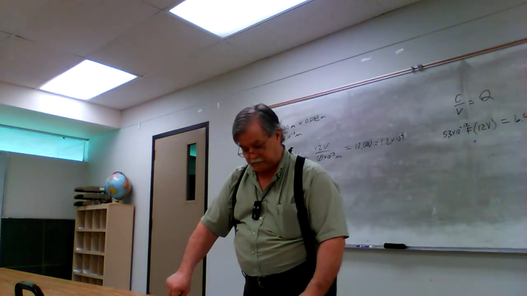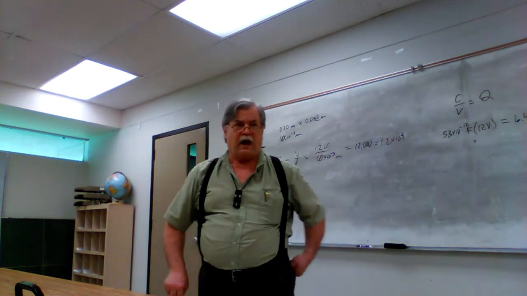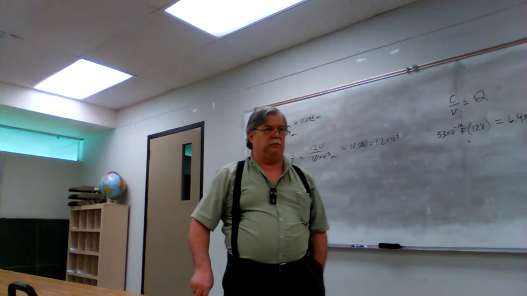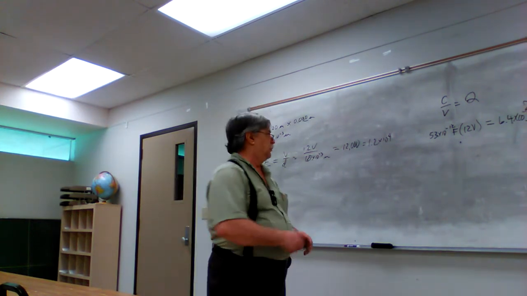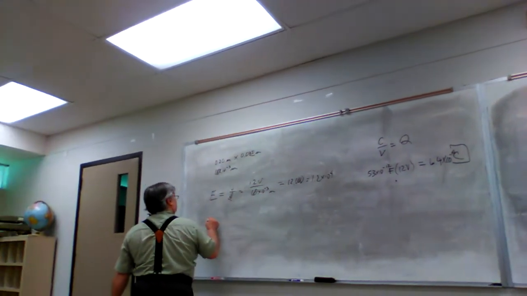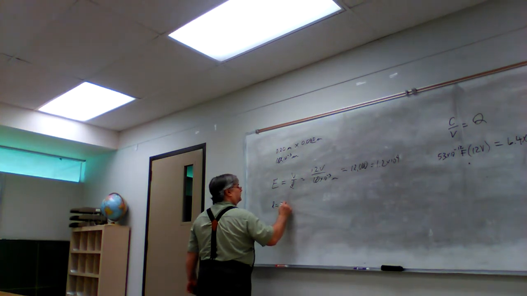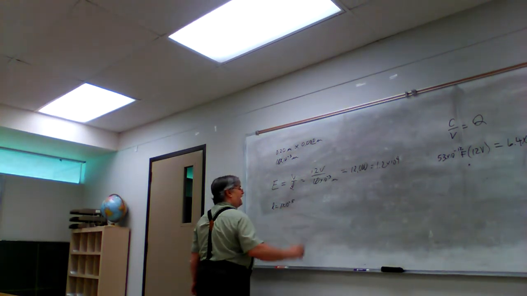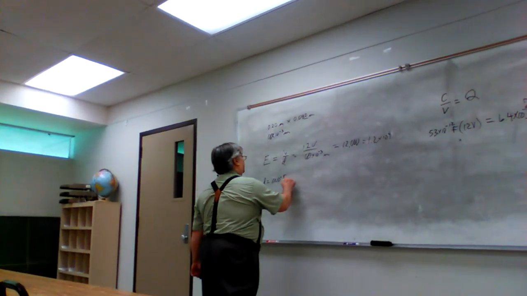And finally, let's find out how much area we would need the plate, how big the plates would have to be, if we could reduce the distance between them, D, to 1 times 10 to the minus 5, or 10 microns, meters.